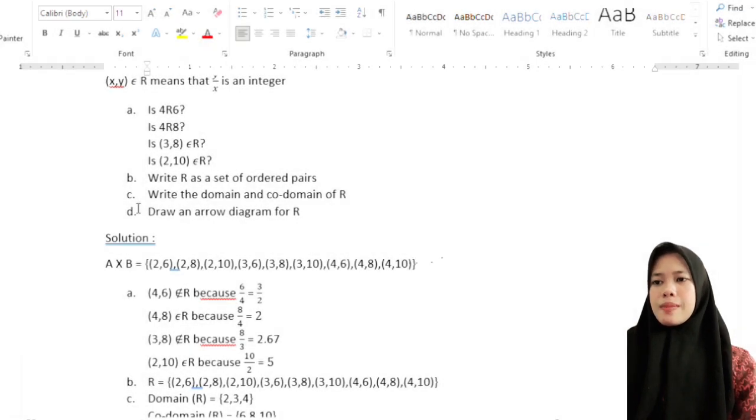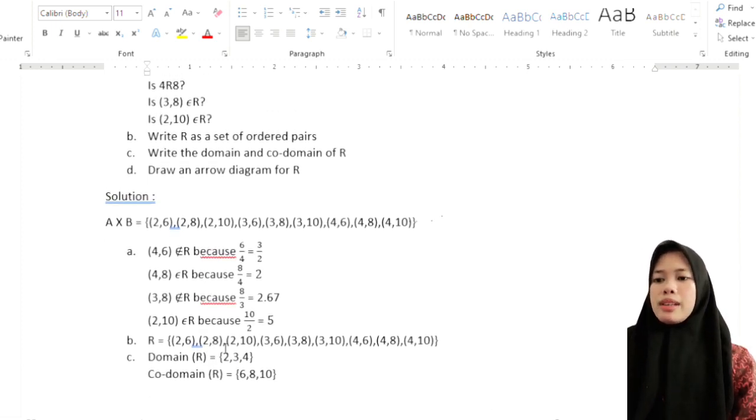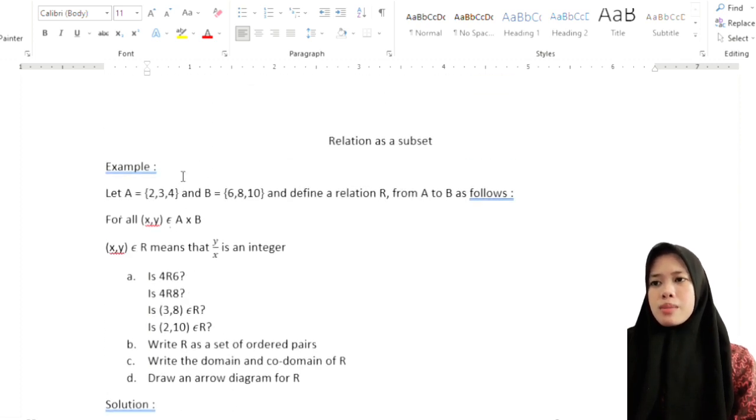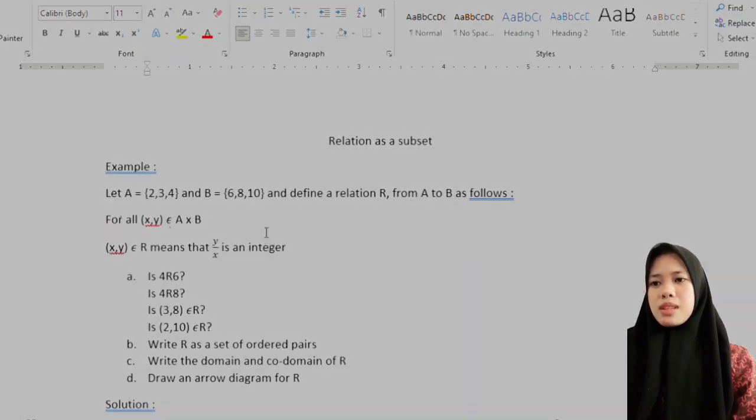For letter C, write the domain and codomain of R. So the domain is 2, 3, and 4, and the codomain is 6, 8, and 10. So basically, 2, 3, and 4 come from set A, and 6, 8, and 10 come from set B.